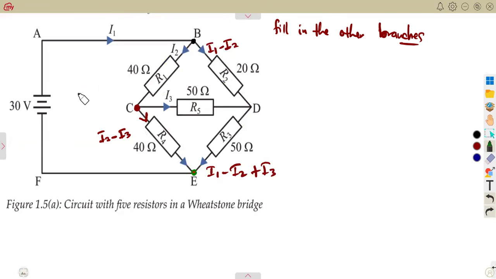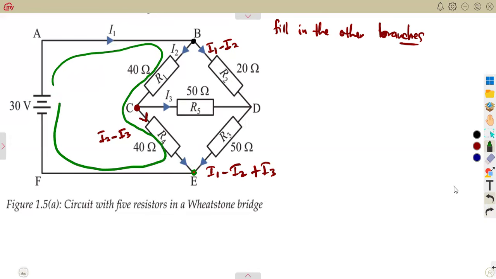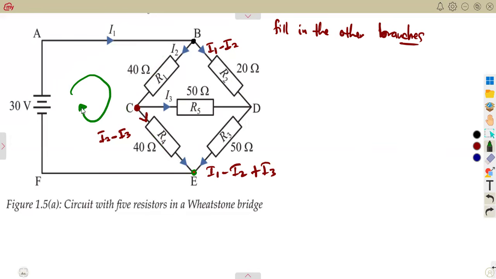I'm going to start with this loop here, where we've got a voltage. I'm going to take it this way, to B, going to C, to E, like this. This is the loop that I'm considering. You must understand what I'm trying to say.